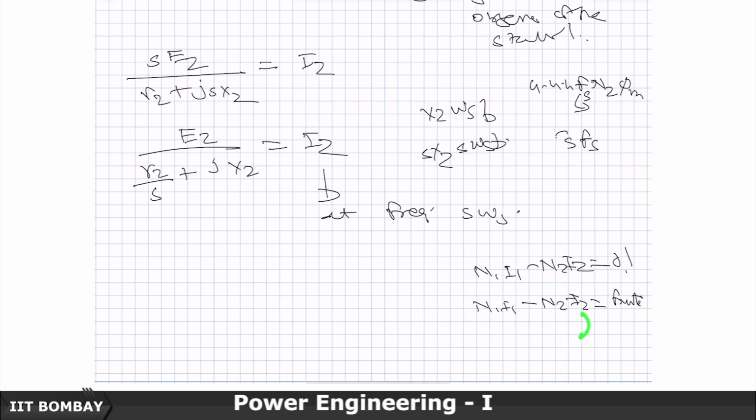So if I2 has increased, it has to be reflected with a corresponding increase in I1 in the stator side.